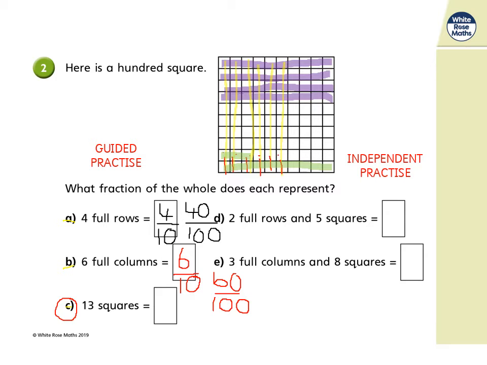So now this answer is 13 as my numerator and out of the denominator of 100 equal parts. So I have 13 hundredths for question C, question B 6/10 or 60 hundredths, and question A 4/10, which is also equal to 40 hundredths. Now in your independent practice I'd like you to complete questions D and E.